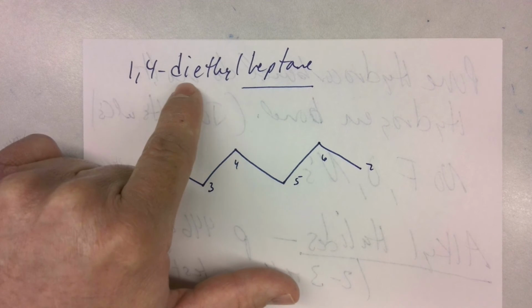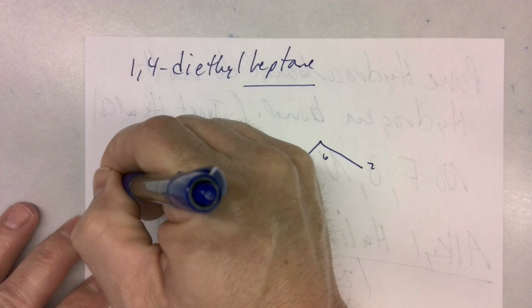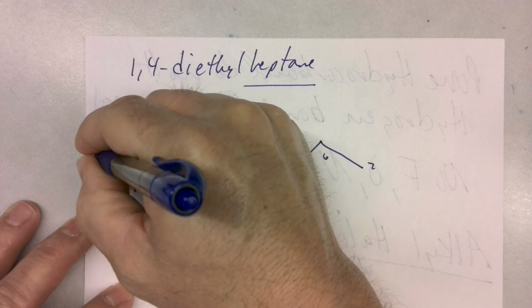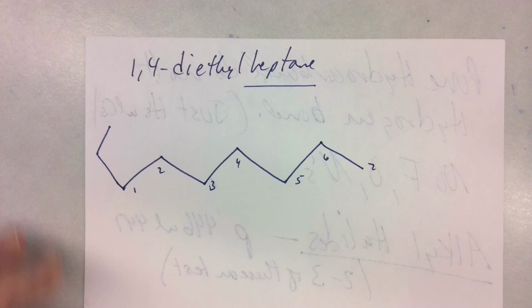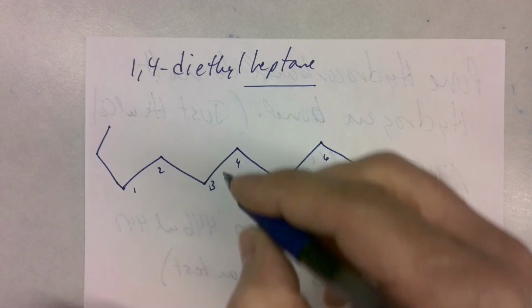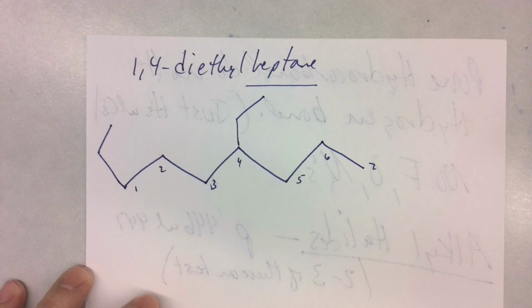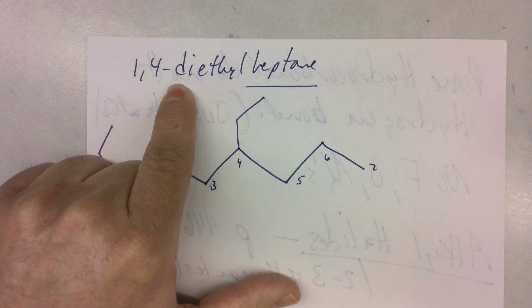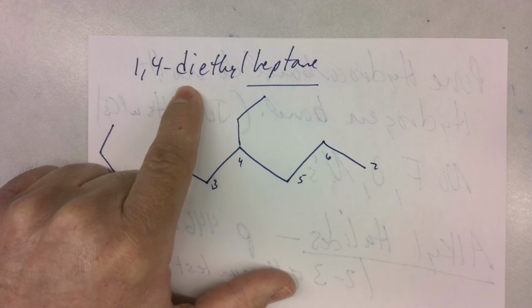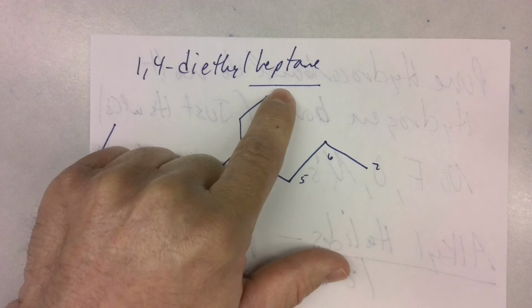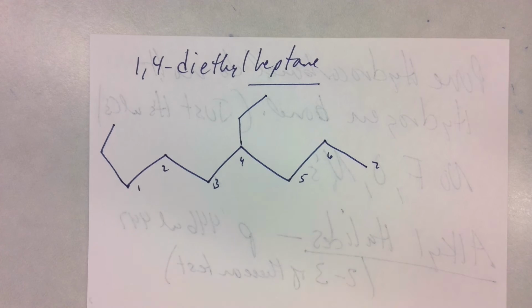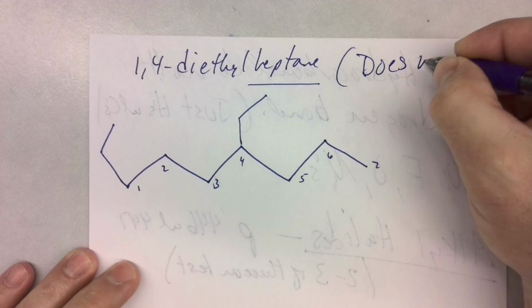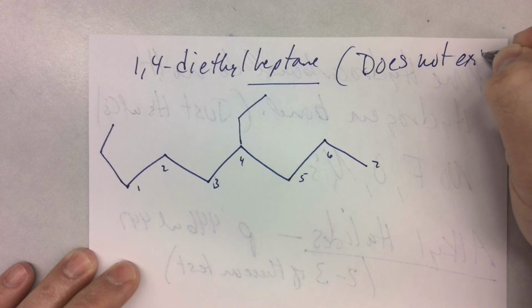So at 1, I've got an ethyl, right? So if I go here and I draw an ethyl in, what have I done there? Extended the chain. I've extended the backbone. So could this even exist as 1,4-diethylheptane? No. Okay, so this does not exist.